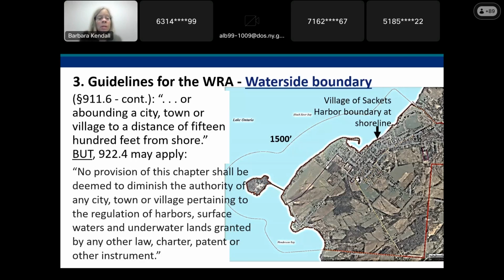So this exercise of defining the waterside boundaries sometimes gets into some much more in-depth research on what are those overlapping jurisdictions from other communities, and again, especially on Long Island, and some Hudson River communities as well. And others of you may know of other places where there's overlapping jurisdictions, and that needs to be talked about in the LWRP, what those jurisdictions are and who has jurisdiction over what.